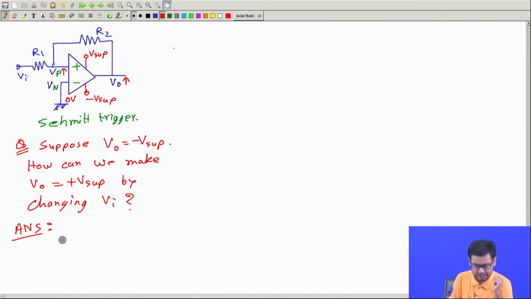First question: do we have to increase Vi or decrease Vi? So we want to make output positive. When can the output be positive? Only if Vp is higher than Vn. So we have to increase Vp, and we can increase Vp by increasing Vi.